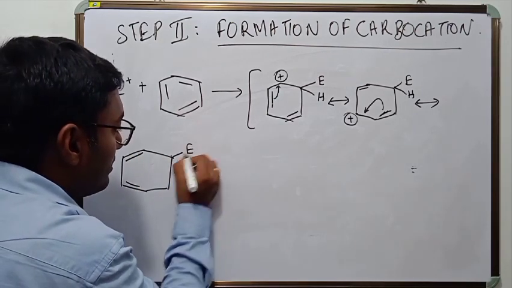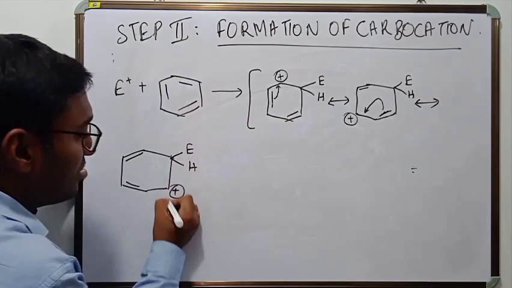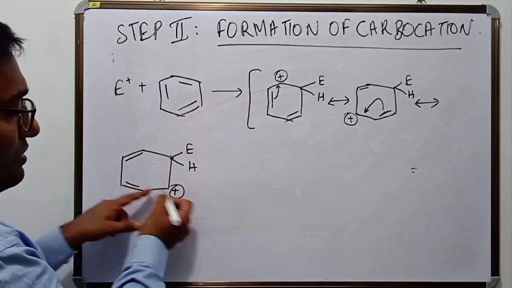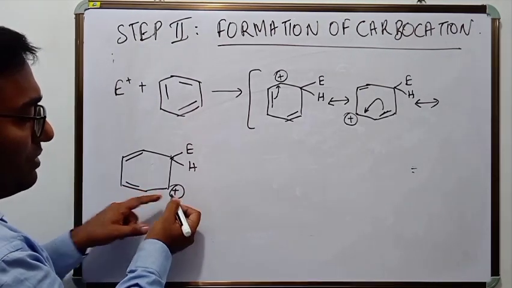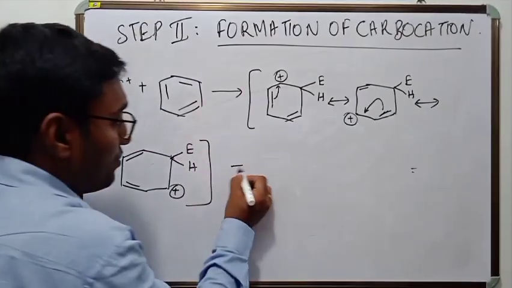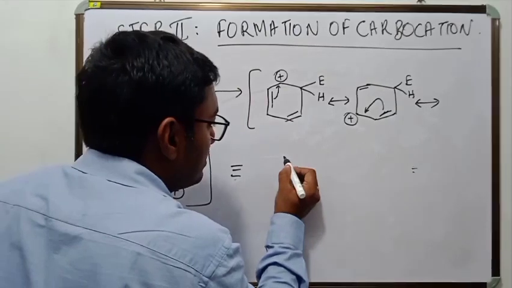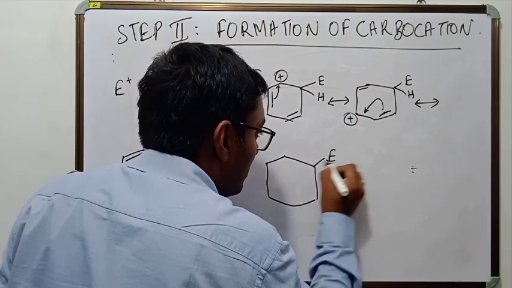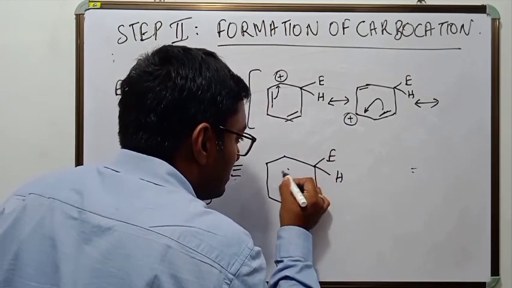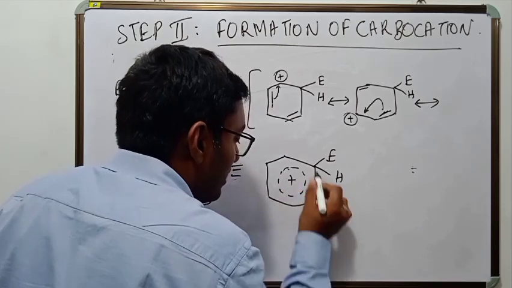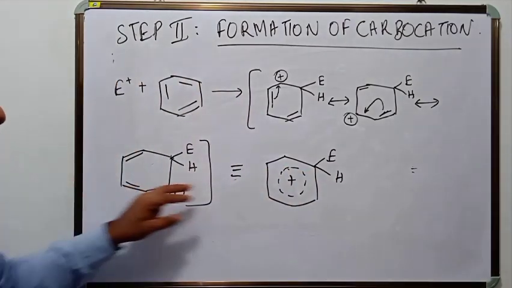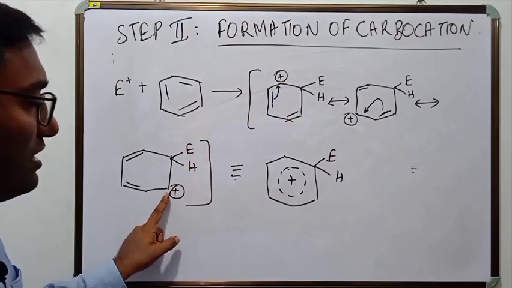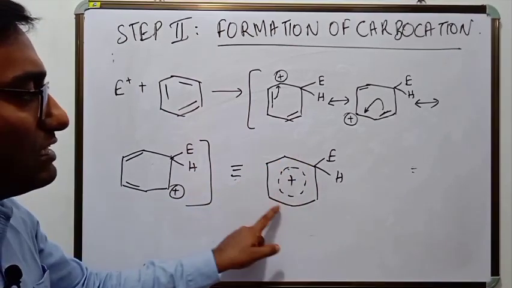And E and H. So the positive sign will come here because the electron from here has come to here. Now overall, if you draw the resonance hybrid structure, it would be like this. E and H will be here and the positive sign is just getting rotated inside the benzene ring. It's overall positive, and here we have represented it as a resonance hybrid structure.